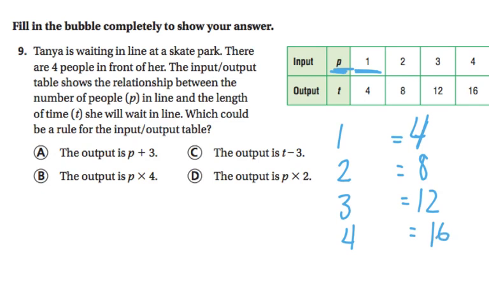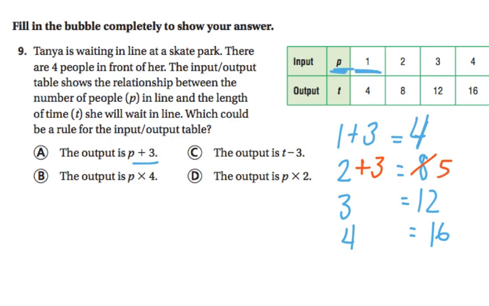So if I'm thinking about the options, it's saying either p plus 3, so I'd add 3 to this. 1 plus 3 equals 4, that's good. Let's see what happens if I add 2 plus 3. Do I get 8? Nope. That would actually be a 5.